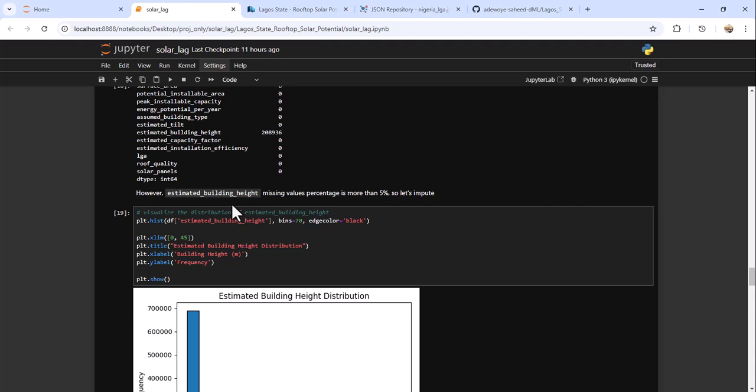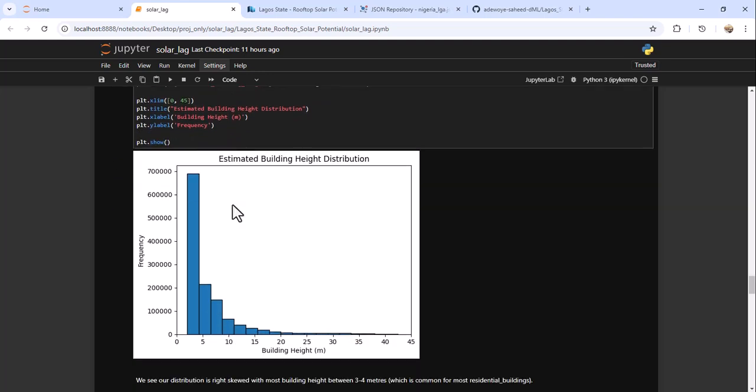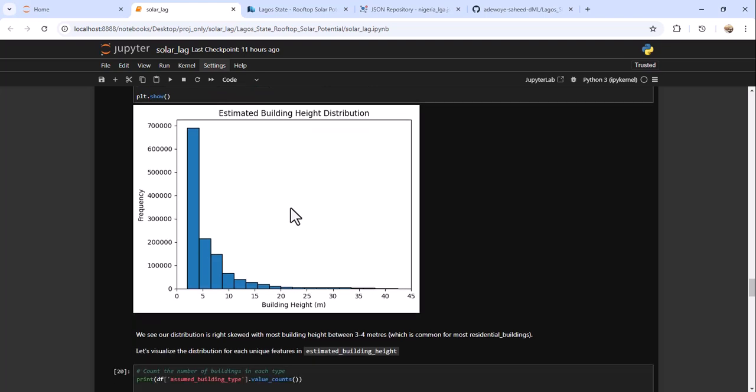But firstly, before imputing, I visualized the building heights distribution, and I found out that the distribution is right skewed, with most building heights between 3 to 4 meters, about almost 700,000 of such.